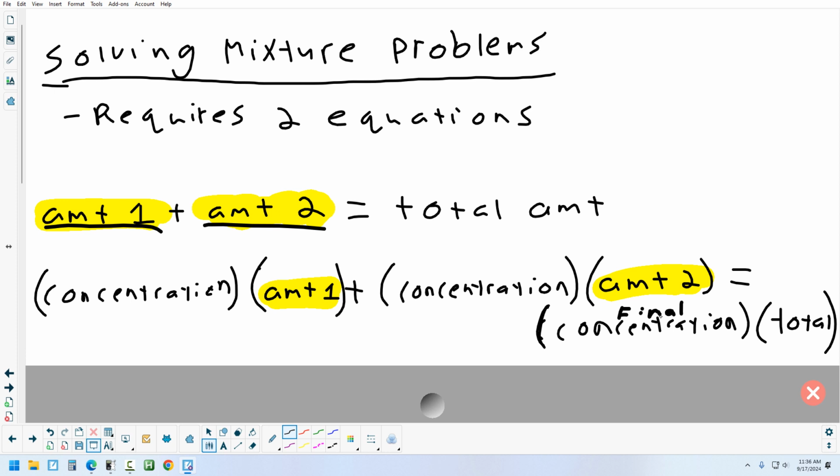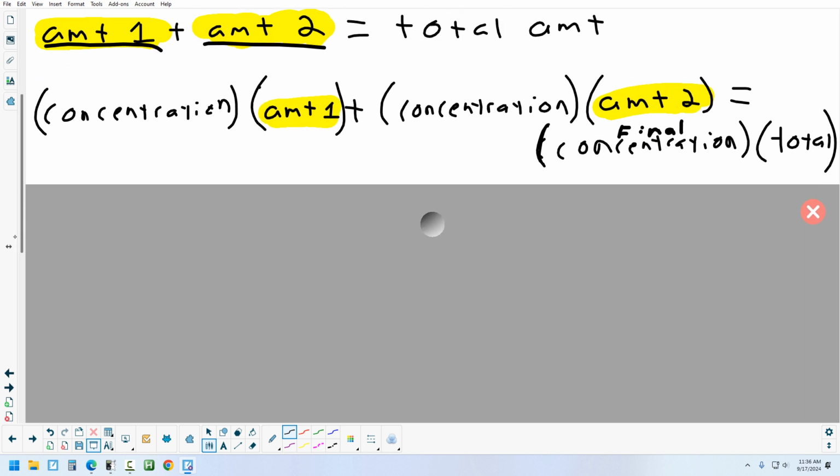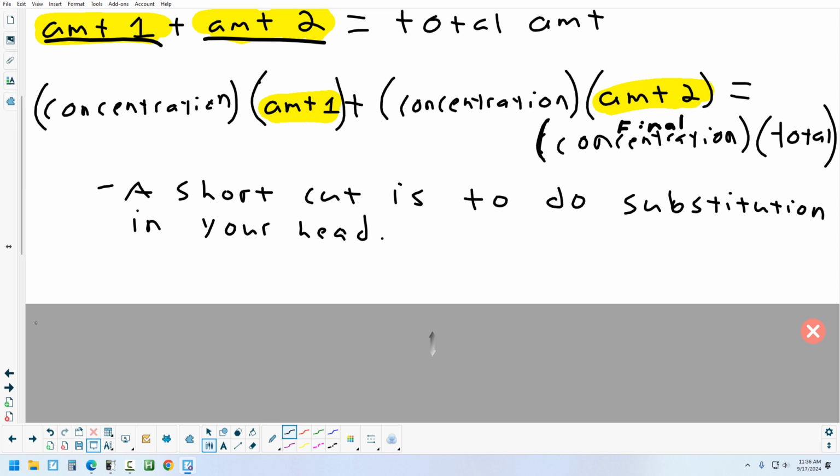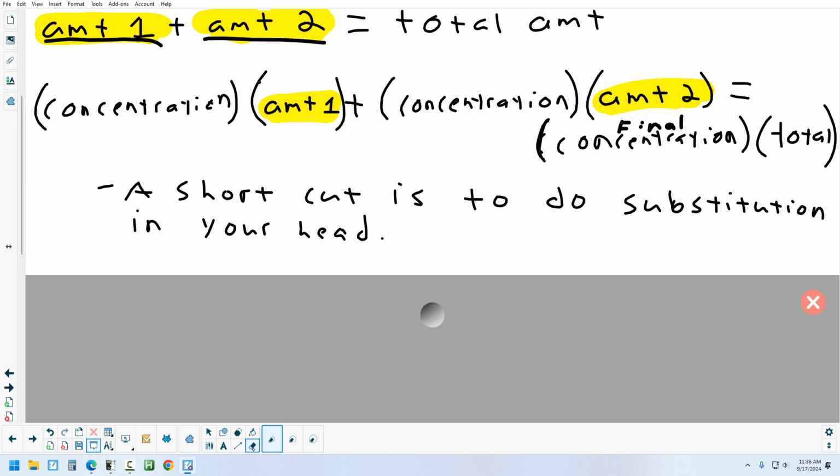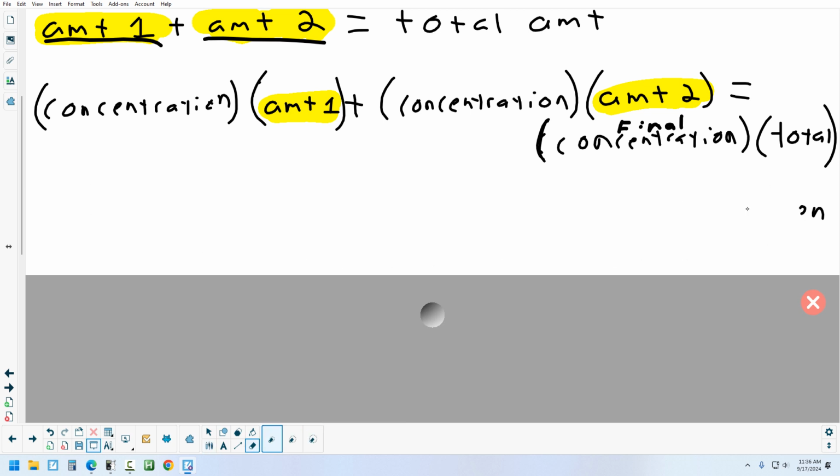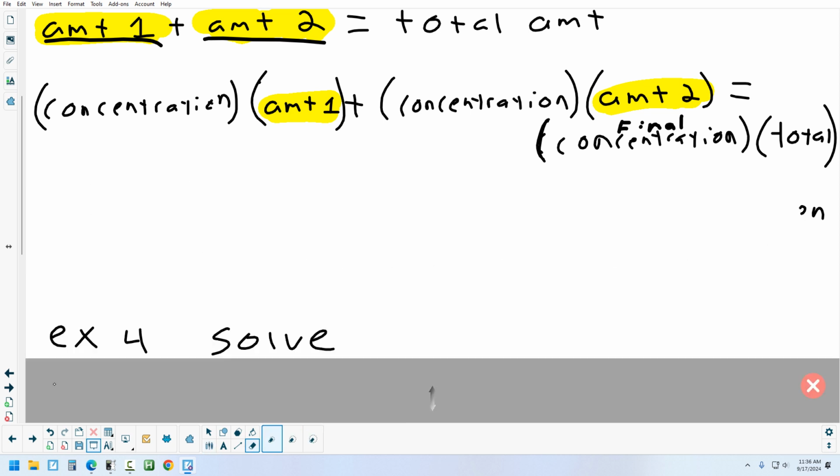The other four things highlighted in yellow will be variables. Same variables in each equation. So let's see if we can set this up.